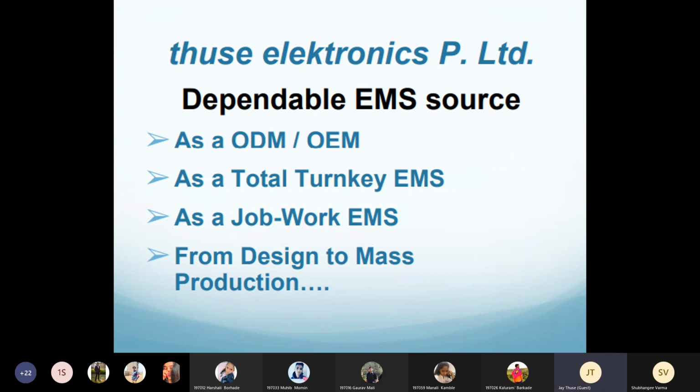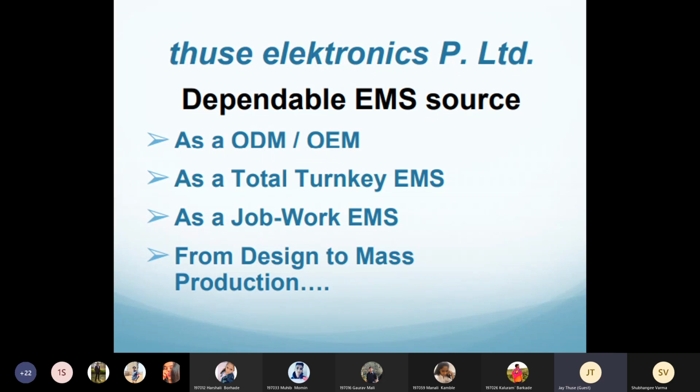When you do EMS, there are two approaches. The first is turnkey EMS, and the other is job work EMS. Under turnkey, all the raw material procurement is in our hands: electronic components, PCBs, any wires, and any special requirements like heat sinks or screws. We procure everything and get the assembly done.